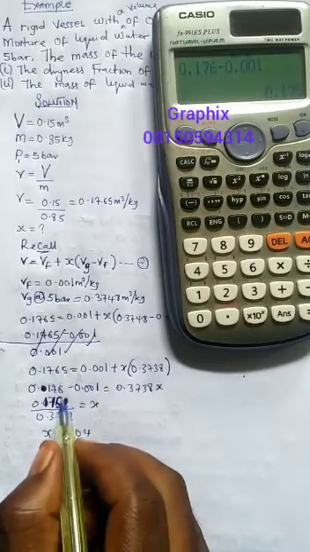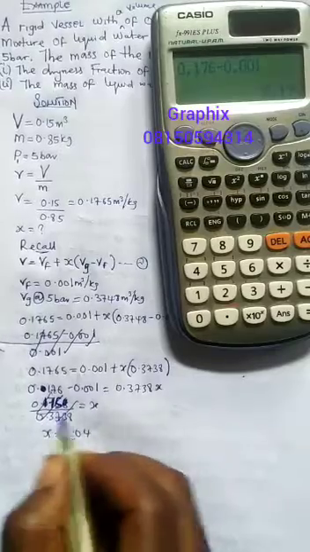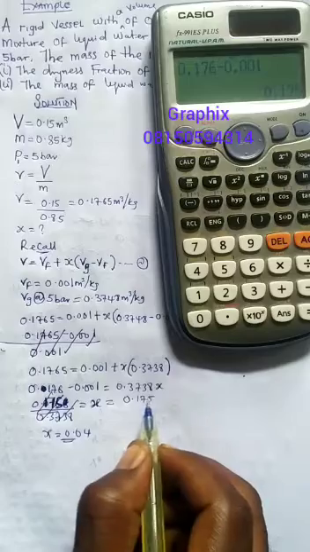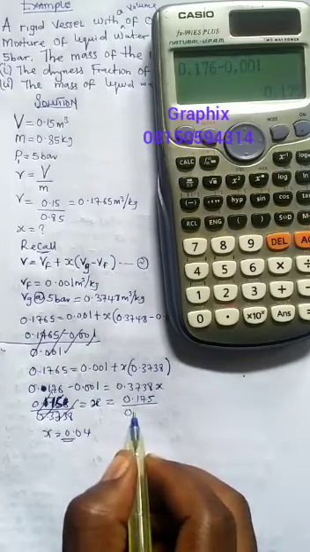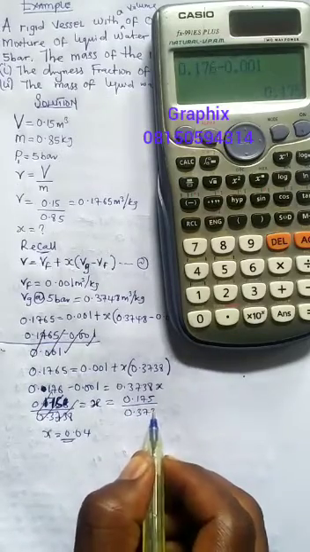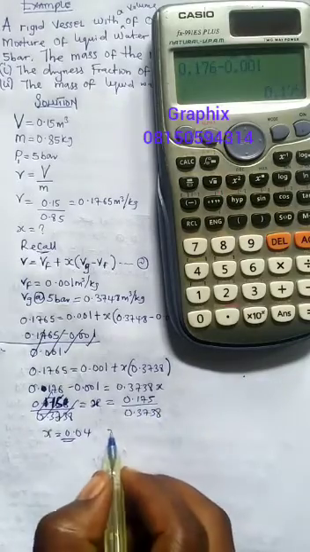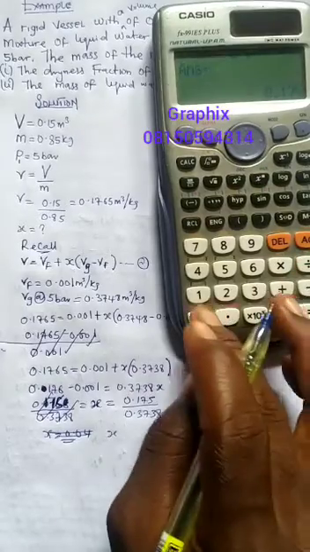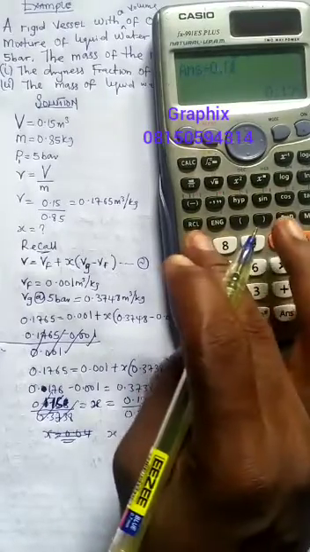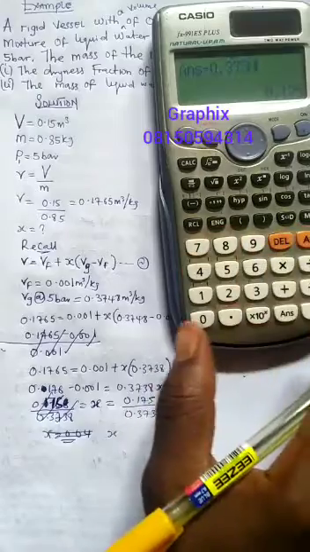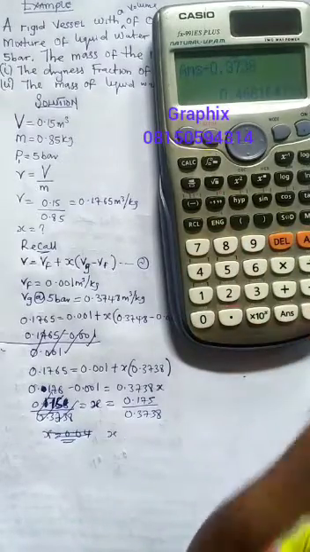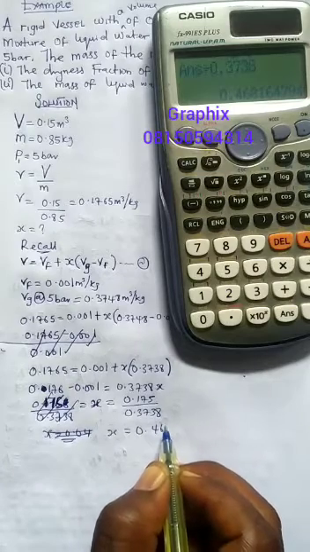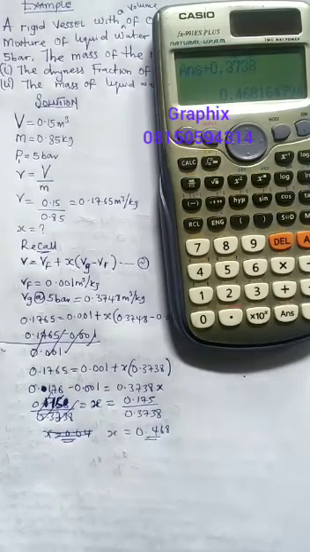So let me write it here. My x will be equal to 0.175 all over 0.3738. Dividing by 0.3738, we have 0.468 to be my dryness fraction.